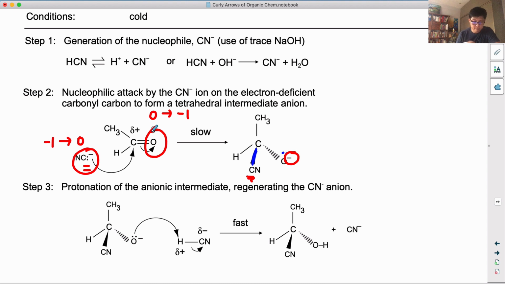Maybe we do one more. Lone pair. This one attacks the H. Lone pair becomes bond pair. This is the bond that's being formed. Lone pair becomes bond pair, and this one, bond pair becomes lone pair. That's where the lone pair is.